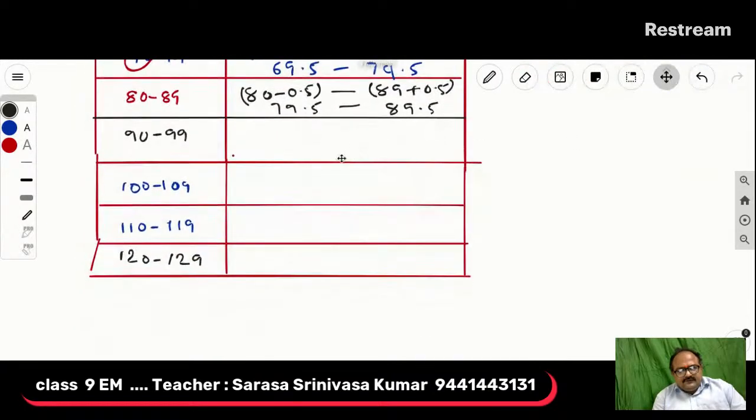The next class interval is 90 to 99. So here we write 90 minus 0.5 to 99 plus 0.5. So we get 89.5 to 99.5.